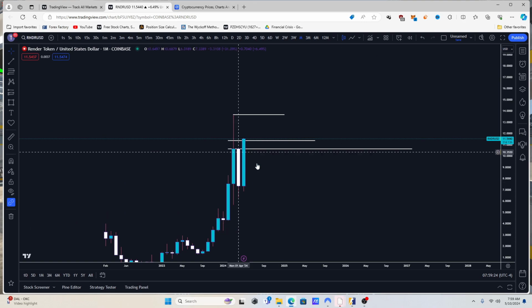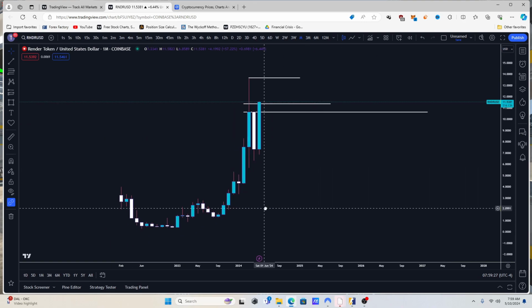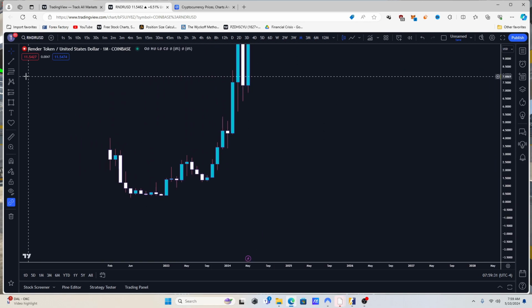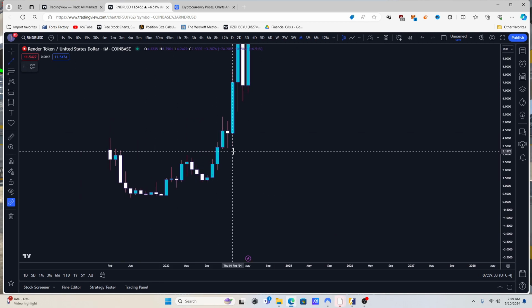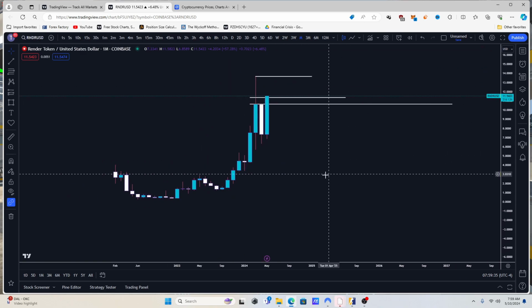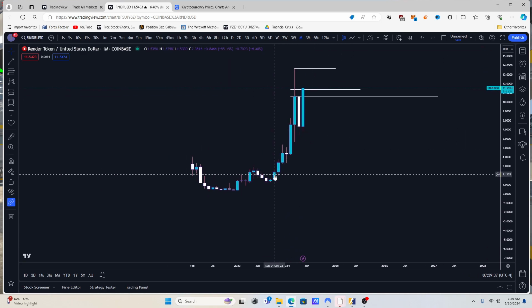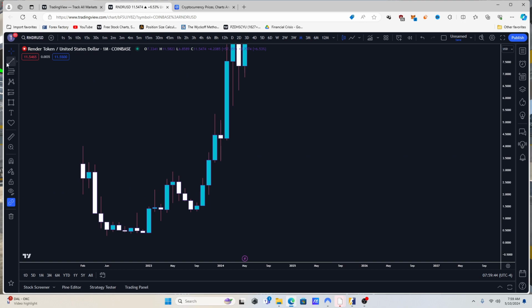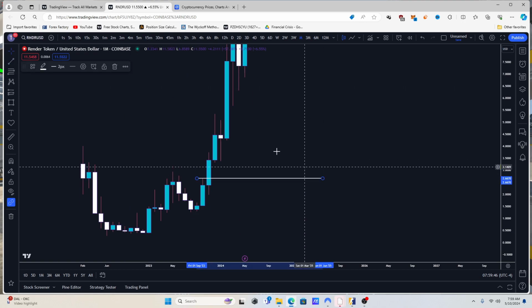We are getting confirmation that we are going to be exploding. We have something very, very similar down here, except this is on the monthly. So in terms of where we are, kind of where this candle is, if not even this one, we are over here. So for me, May is still going to be looking good for Rndr.